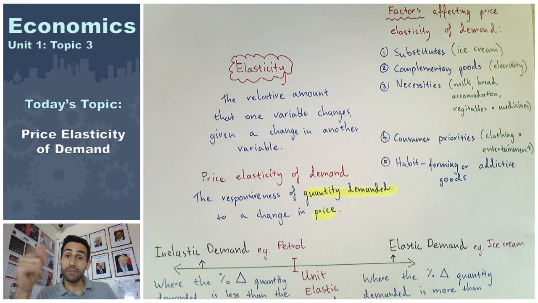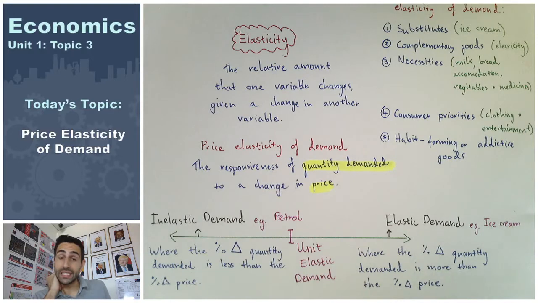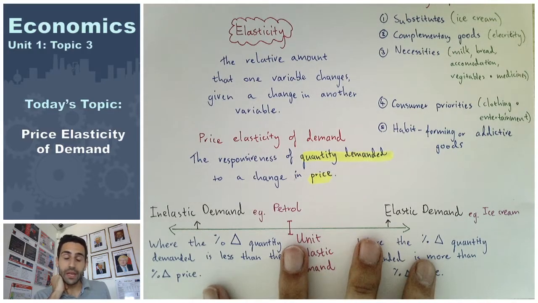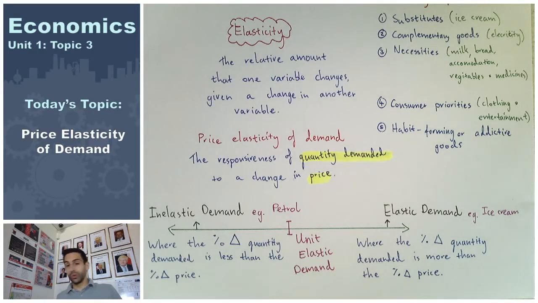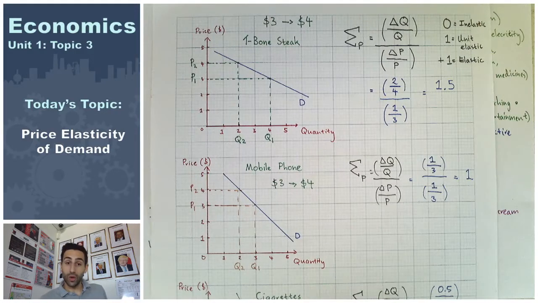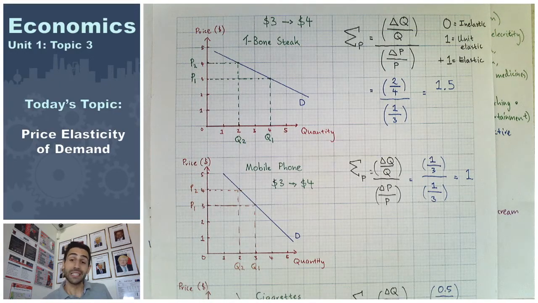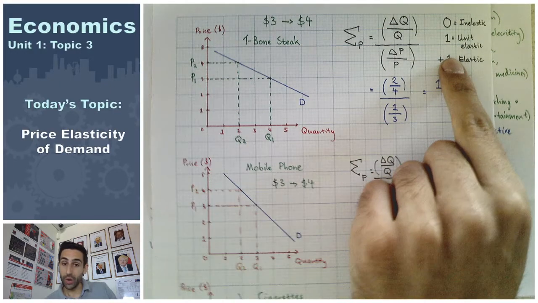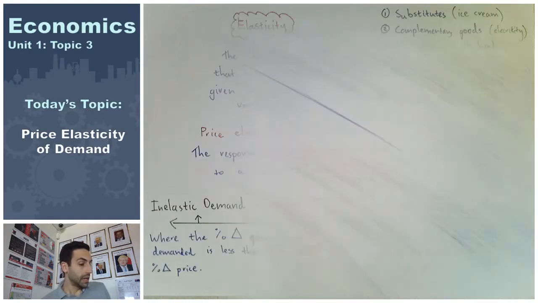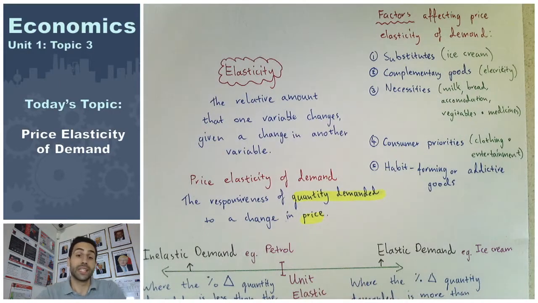The main takeaway from this class is being able to define elasticity and the different types, being able to look at a graph, look at a model, and be able to calculate the elasticity coefficient and interpret the coefficient. And finally, understanding some of the common factors which affect elasticity. All right, gentlemen, best of luck.